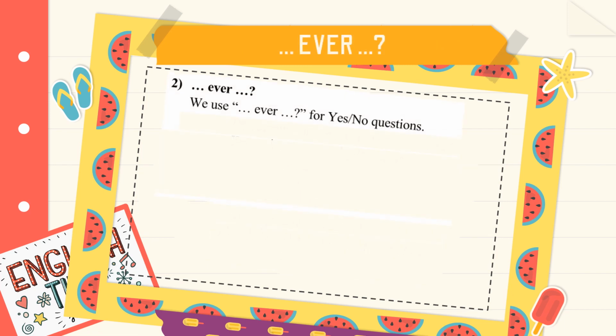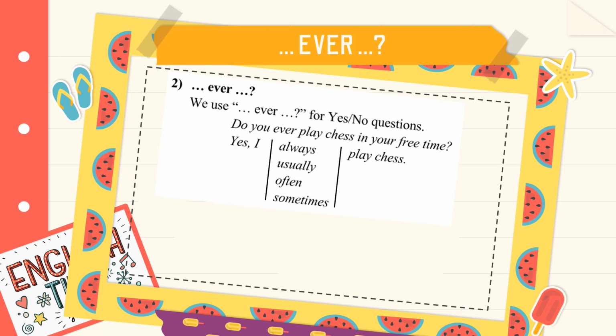Second one is making questions with ever. Okay, we use ever for yes/no questions. Like this: do you ever play chess in your free time? You can answer by using this: always, usually, often, sometimes. And the answer is yes. Okay.